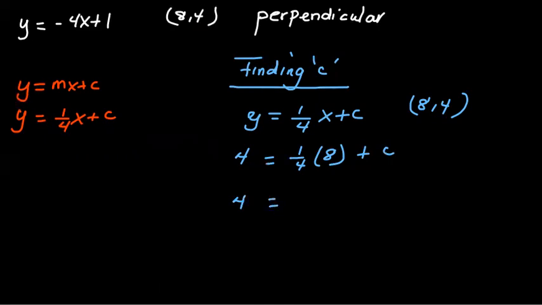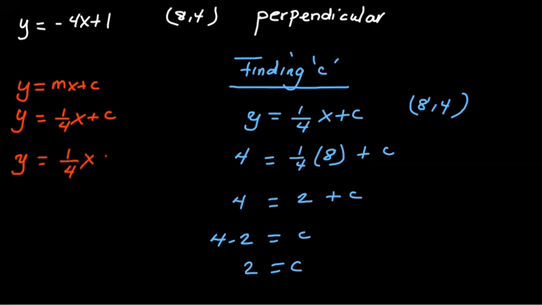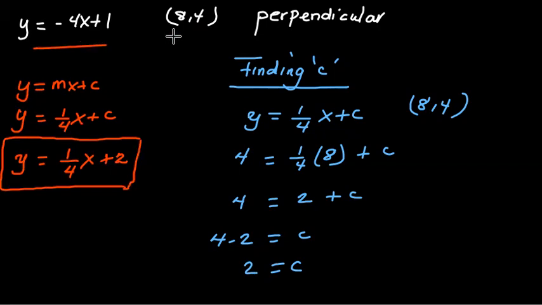Now some algebra. 1/4 times 8 is 2, so I transpose this 2. 4 minus 2 is equal to c, hence c is equal to 2. And that is it, my friend. y = 1/4 x + 2 is the equation of the line perpendicular to this line which passes through this point. Nice and easy like a Sunday morning.